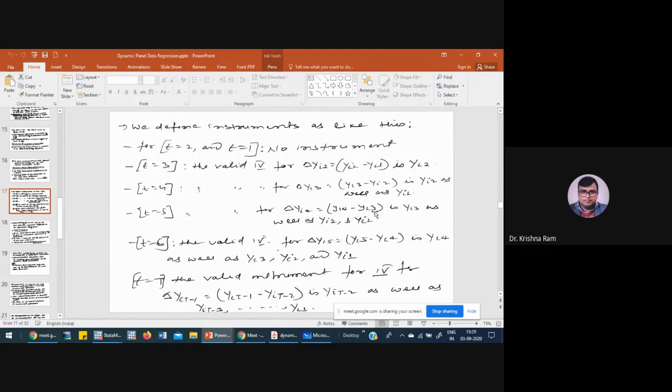Let's again go to this slide. For t equal to 5, 3 instruments are possible: yi3, yi2 and yi1.